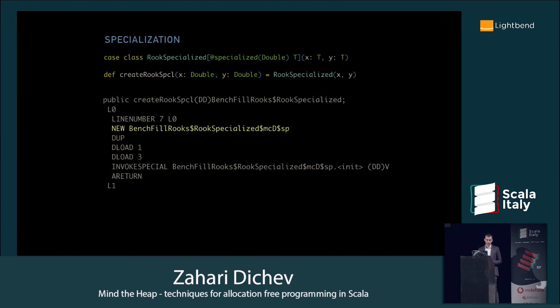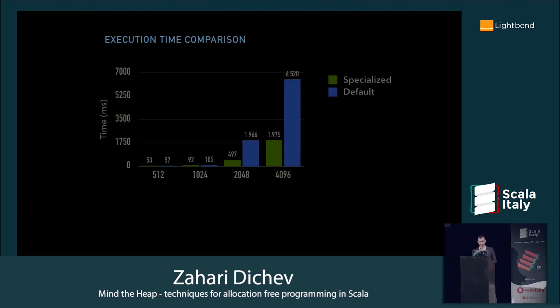And if you compare the performance of the two variants, you again see that the specialized version is a lot faster compared to the default where you have the boxing occurring.